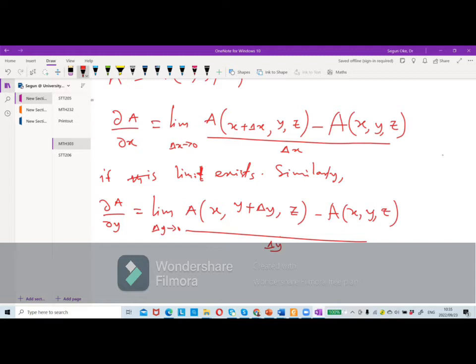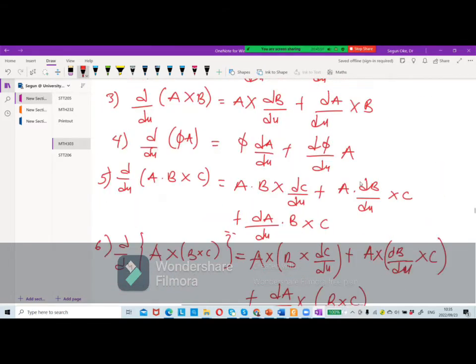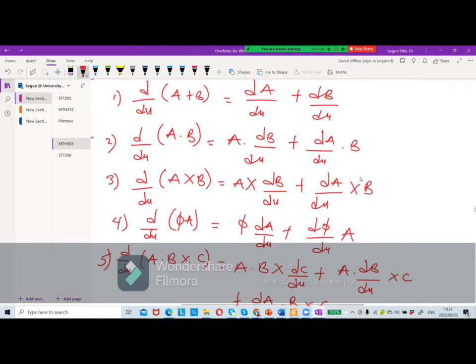No question, sir. So we do the same thing for z. Sir, yes, and that theorem 2, where we have d/du of A dot B equals A dot dB/du plus dA/du dot B. Can we have B before that dA/du? Now, the logic behind it is this. Let me quickly explain.